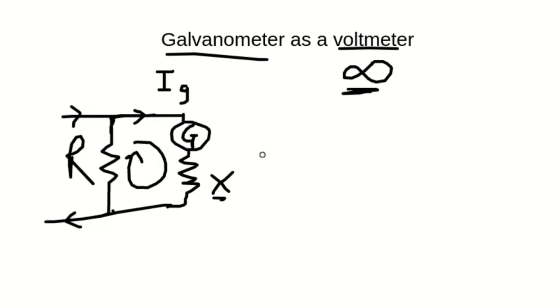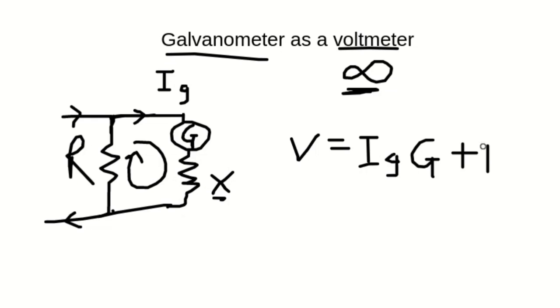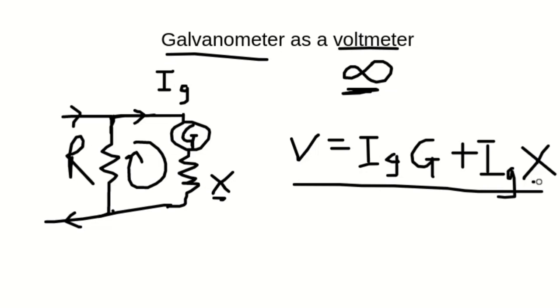So this is I into R, that is equal to V. That will be equal to the current passing through the galvanometer, Ig, into the resistance of the galvanometer, capital G, plus this current is also passing through the resistance which we attached in series. So the current will be the same. Current is the same in series, and voltage will get added. So Ig into X. This is the equation we get from Kirchhoff's law, and if we rearrange this we can find the value of X.